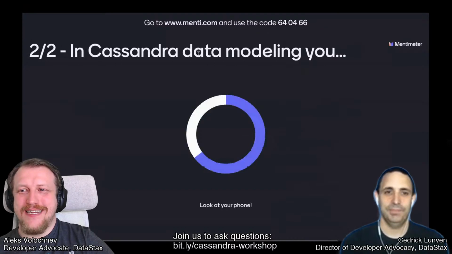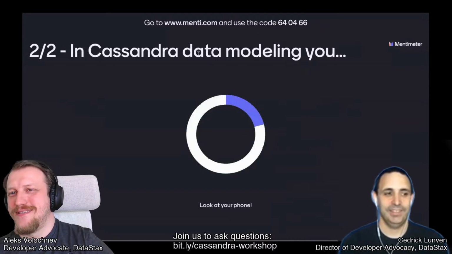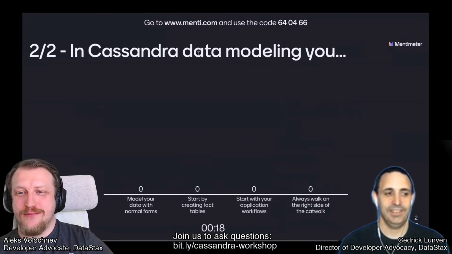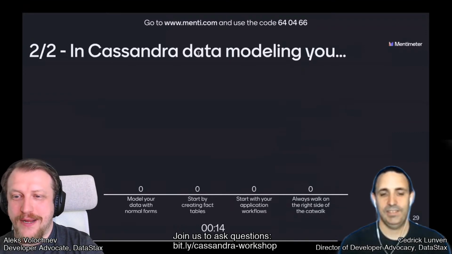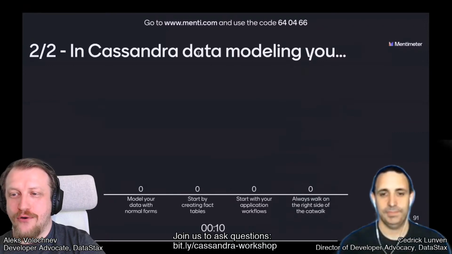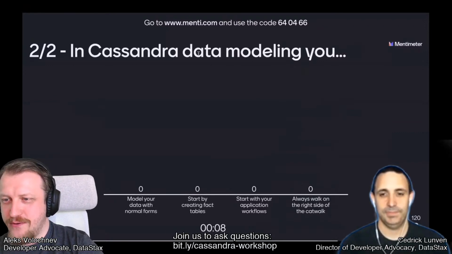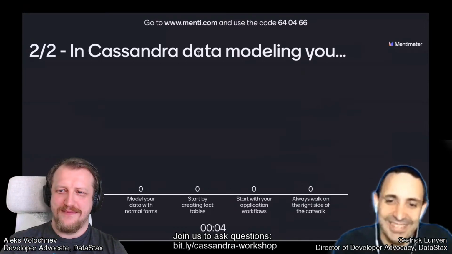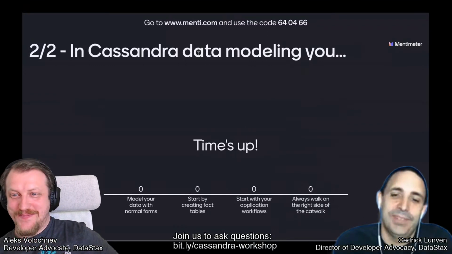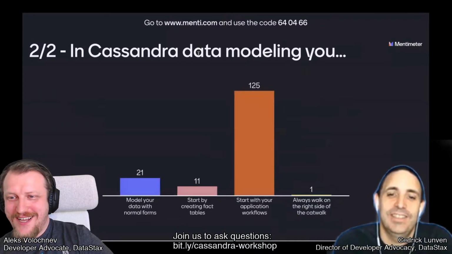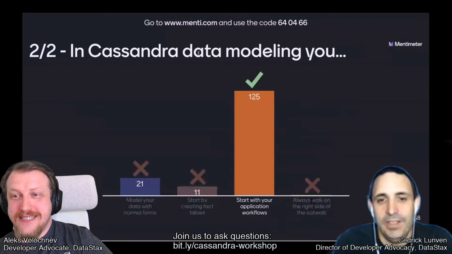In Cassandra data modeling, what do you do? Model your data with normal forms. Start by creating fact tables. Start with your application workflows. Always walk on the right side of the catwalk. Okay, number 3. Yes, we mean it.